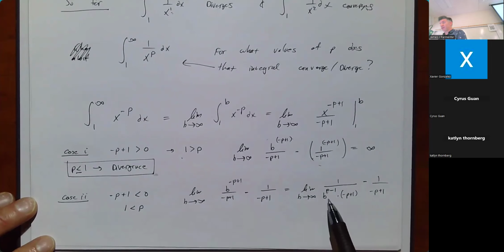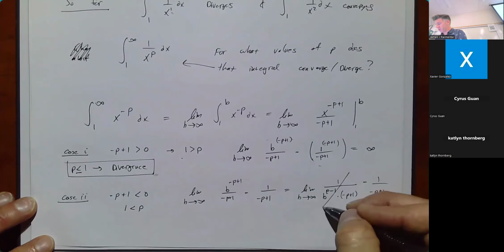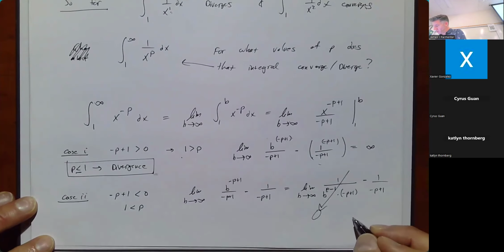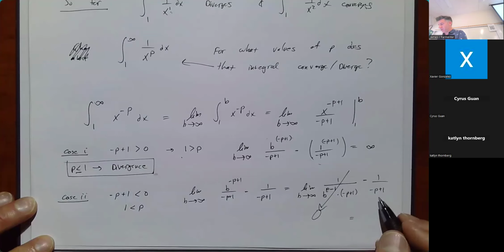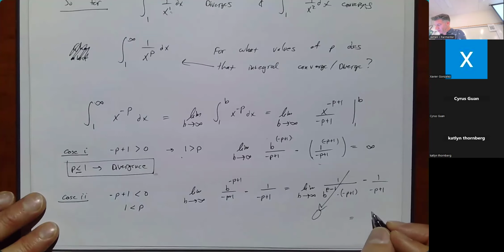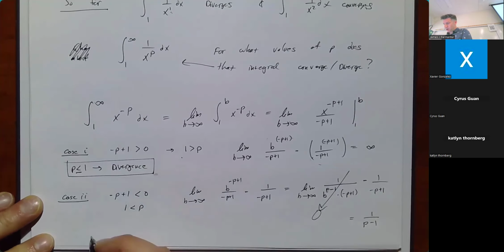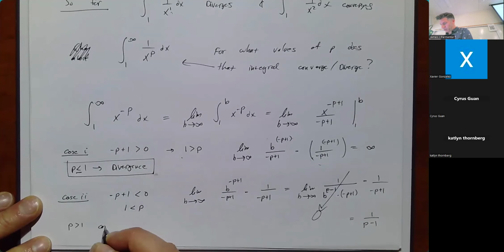And 1 over something infinitely large is getting smaller and smaller. So this one ends up converging to negative 1 over negative p plus 1, which I would write as positive 1 over p minus 1. So if p is bigger than 1, we get convergence.